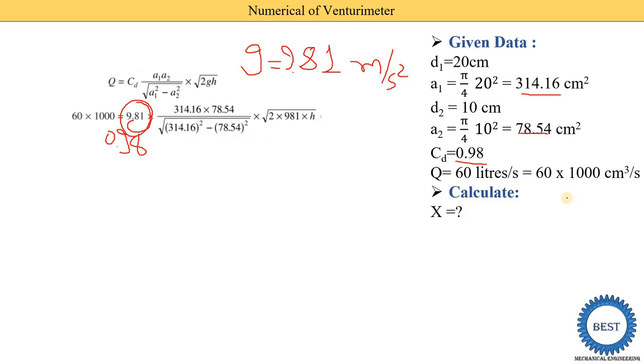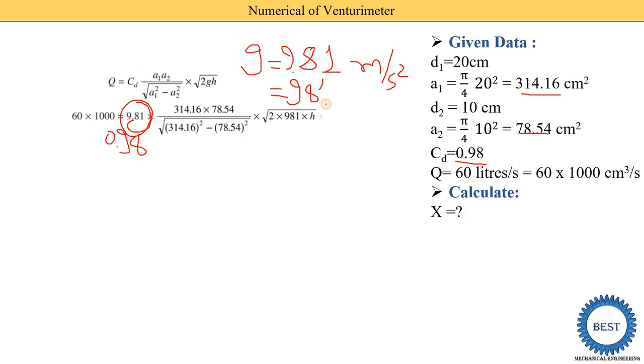But here we are putting all the values in centimeters. Here we put Q in centimeter cube per second, and area is in centimeter squares. So here we need to convert G also into centimeter per second square. So we need to multiply this value with 100. Then we get G as 981.